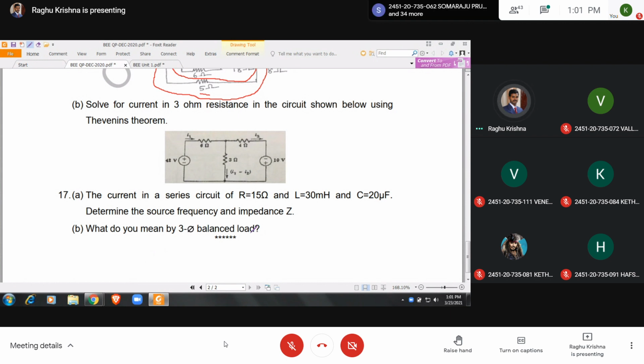The value of R by Z must be the same for all the 3 loads in the 3-phase load. So if you take any 3-phase load and the value of R by Z is the same for all the loads, then it is called a balanced load. The value of Z will be equal, and not only the value of Z, R by Z is also equal.